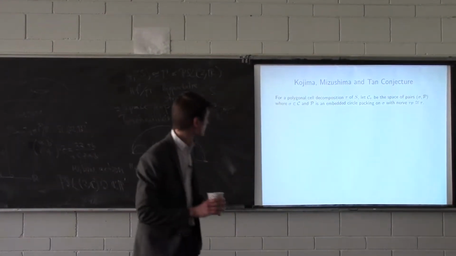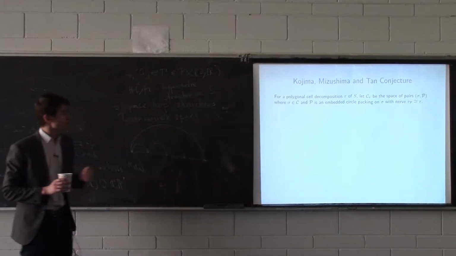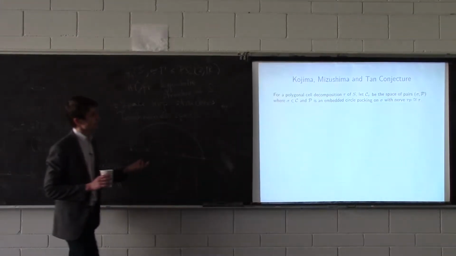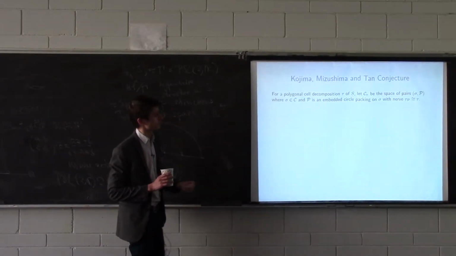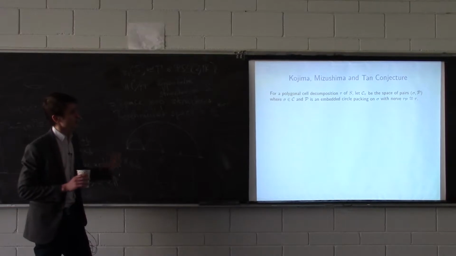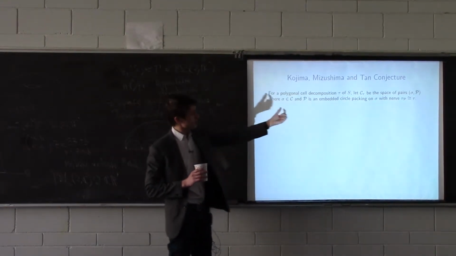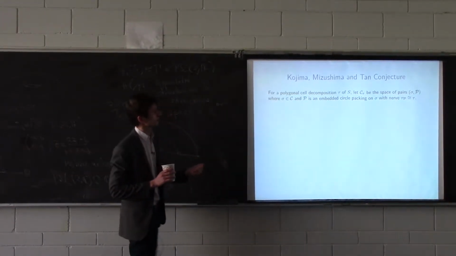And so, in a series of papers, Kojima, Mizushima, and Tan made a little conjecture. They built this space. They fix a polygonal cell decomposition, and then they look at all pairs of a complex projective structure and a circle packing.